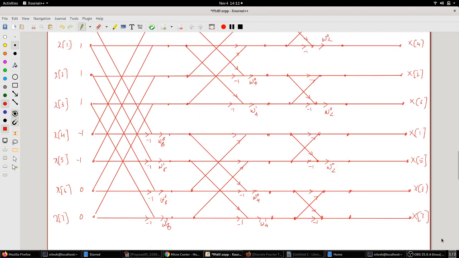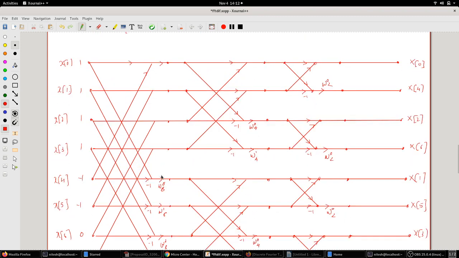Okay, so now we can plug in the values. Let's draw this plugging of the values now. So 1, which is coming from here, 1 plus minus 1, so this is a 0. 1 minus 1 is 0, so this will be a 0.